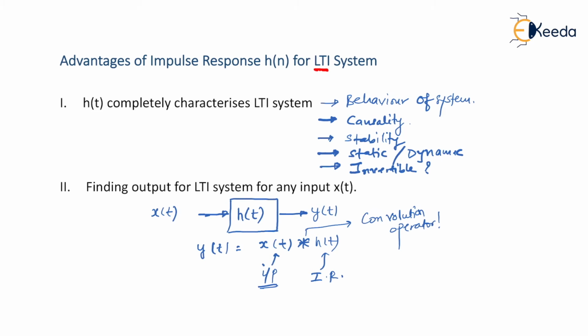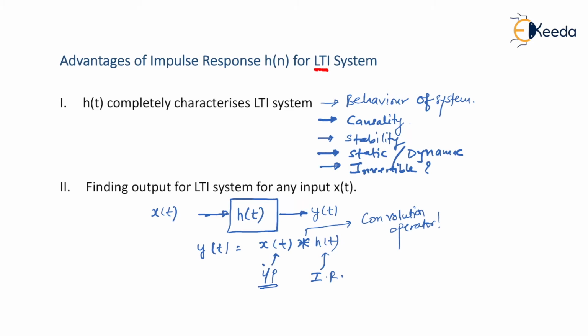Right now, I have used the notations x of t, y of t, and y of t equal to x of t convolved with h of t. It clearly indicates I'm talking about a continuous time signal system. But of course, you can have the same property in the discrete time sense also. So instead of x of t, you will have x of n. Instead of h of t, you will have h of n. And instead of y of t as output, you will have y of n.